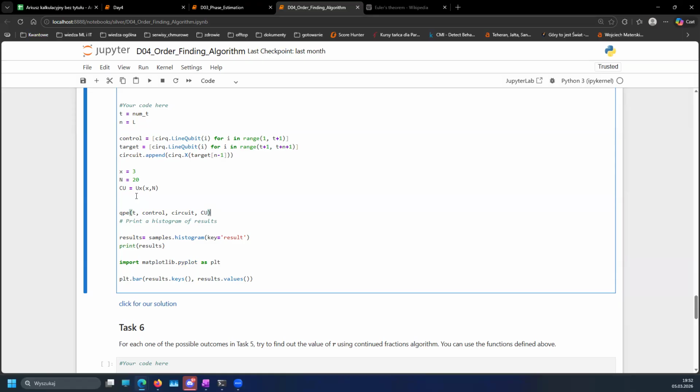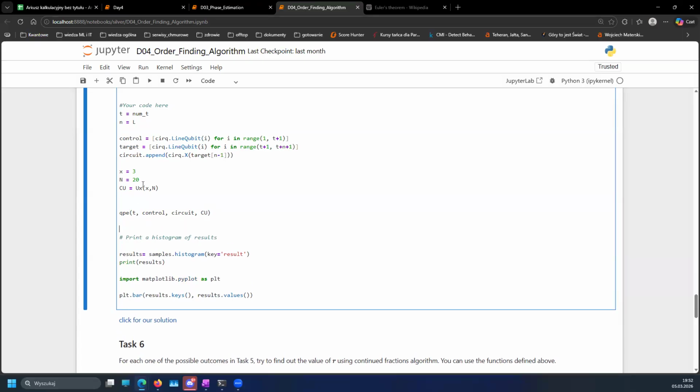And then we need to measure the control register at the very end, so to get the approximation of S divided by R. So this measurement that I'm writing right now will give us an approximation of S divided by R. So measure, here control, and here result to make it more readable.